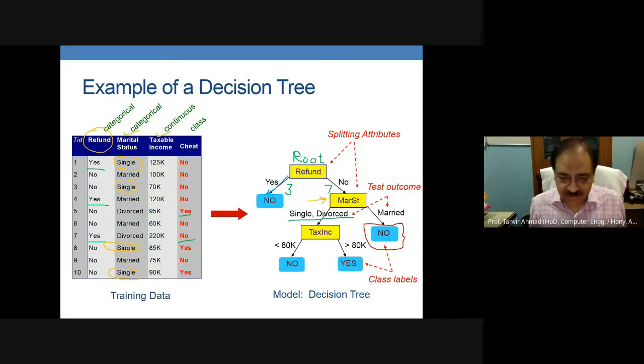So what will happen? You will get 10 different branches, isn't it? Now try to understand this very well. If I am using the taxable income over here, these are all different values, and therefore there will be 10 different branches over here like this.